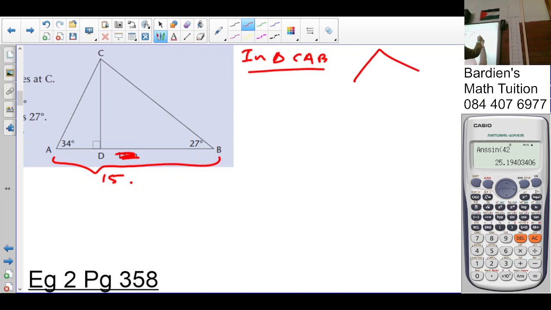So we have A, B, 15, 34, 27, and C. What do I need first in order to use the sine rule? I need to know angle C, so that I can have a known ratio. So work out angle C quickly for me.